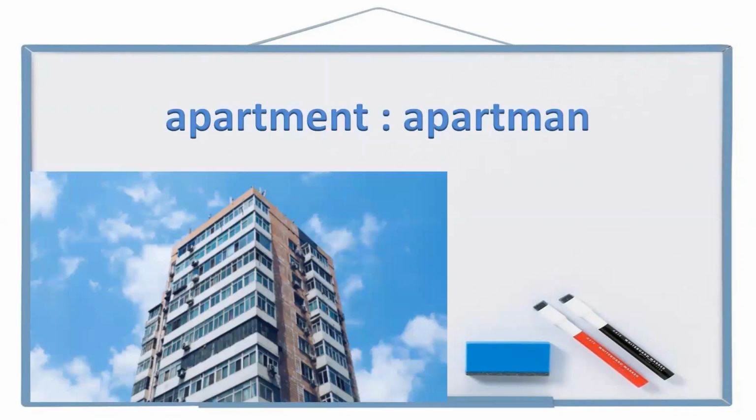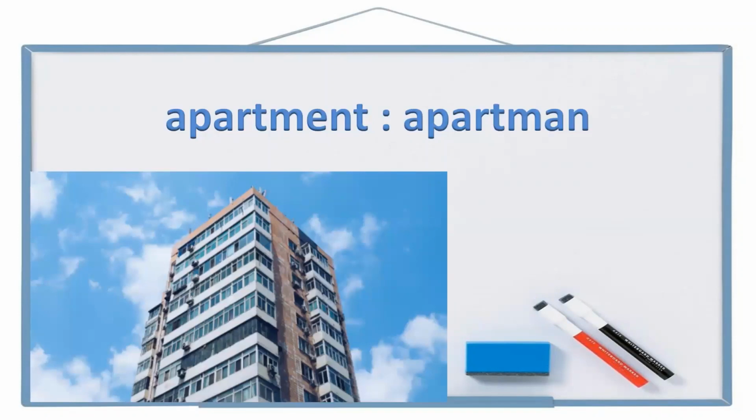An apartment is apartman. Once again, apartman. There's a detail you need to know about apartment. In English, we use the word apartment for a flat, but in Turkish, we use the word apartman as a building.